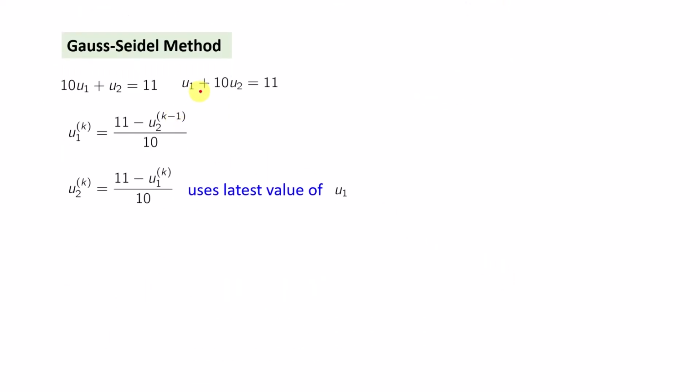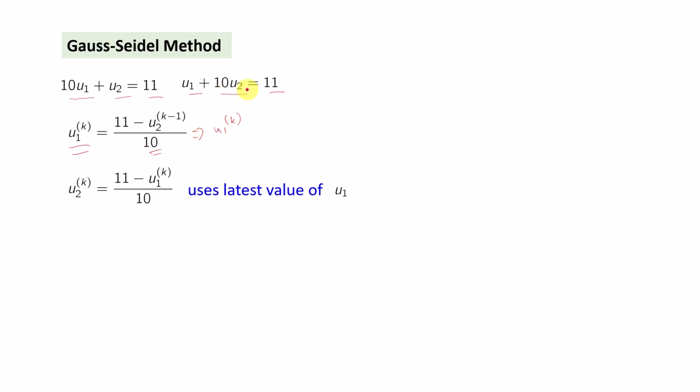So for instance, if I solve these two equations, 10u1 plus u2 equals 11 and u1 plus 10u2 equals 11, then the Gauss-Seidel algorithm will go like this: u1 in the kth iteration equals 11 minus u2 in the k-1th iteration, divided by 10. From this, I get u1 at the kth iteration.